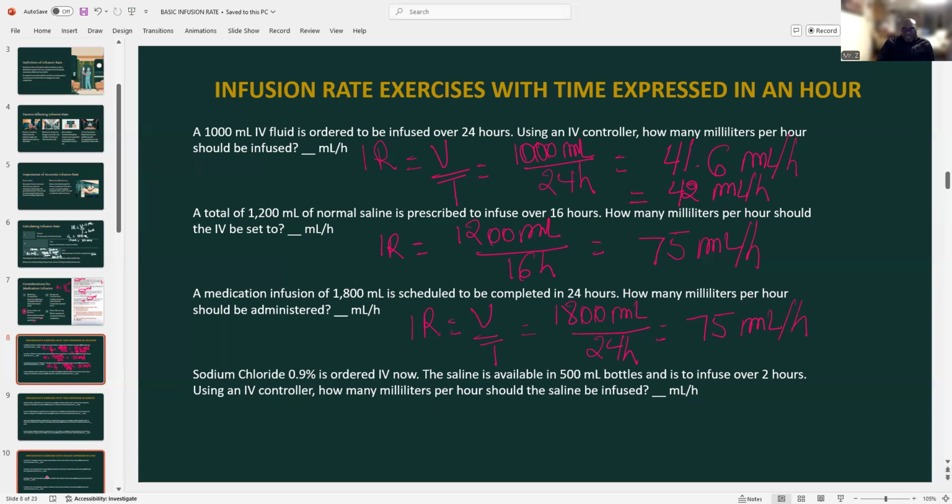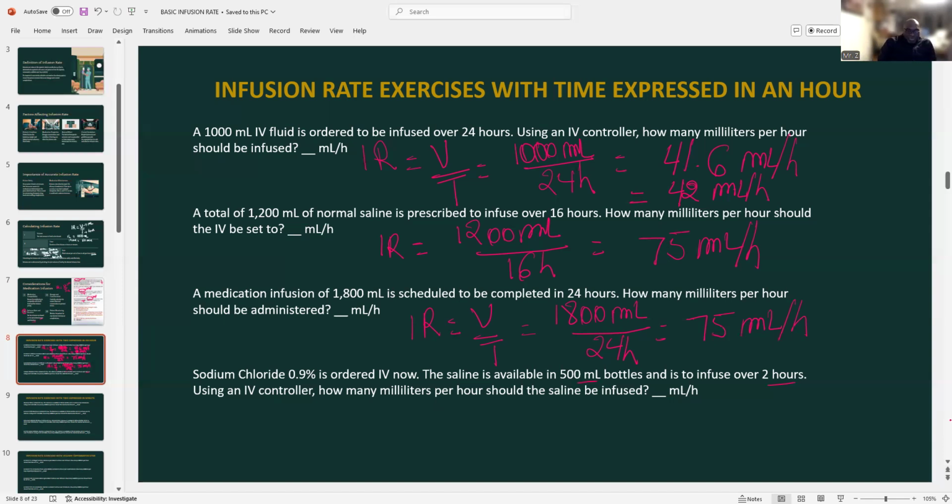Let's look at this right here. The saline is available at 500 ml, that's your volume, to be infused over 2 hours. So do this exercise before we move on. You got 30 seconds. All right, good job.